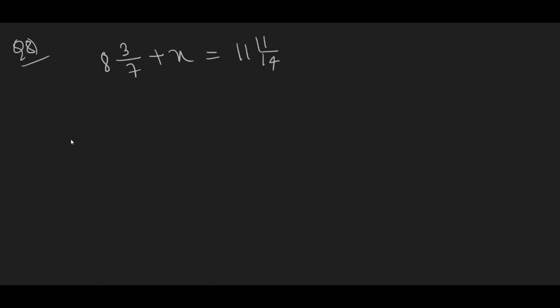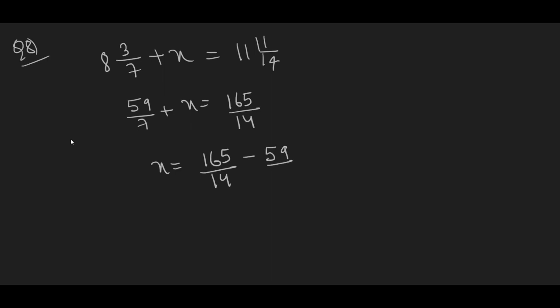So this will be 7 8s are 56, 57, 58, 59. So 59 upon 7 plus x equals 14 into 11 plus 11. So this will be 165 upon 14. So x is 165 upon 14 minus 59 upon 7.